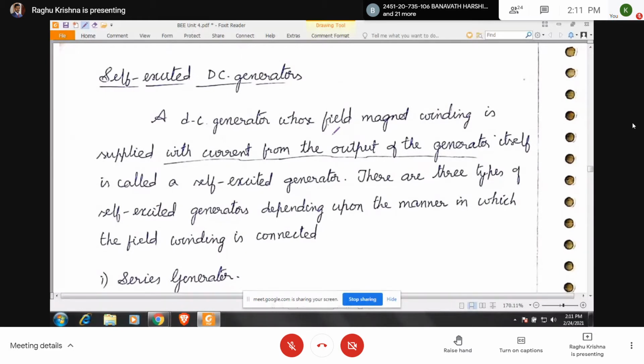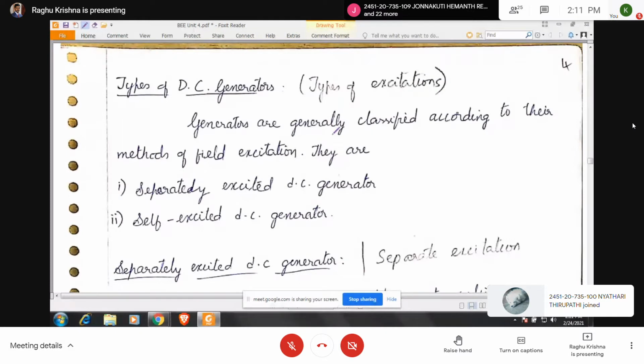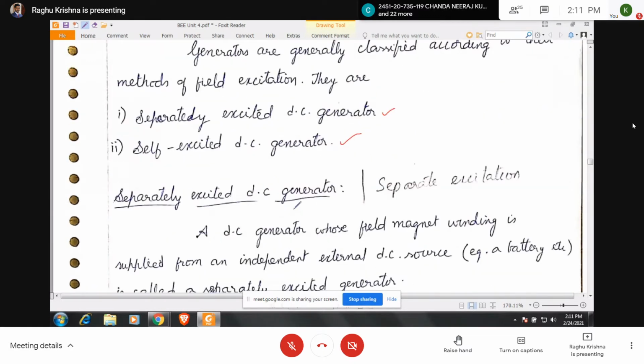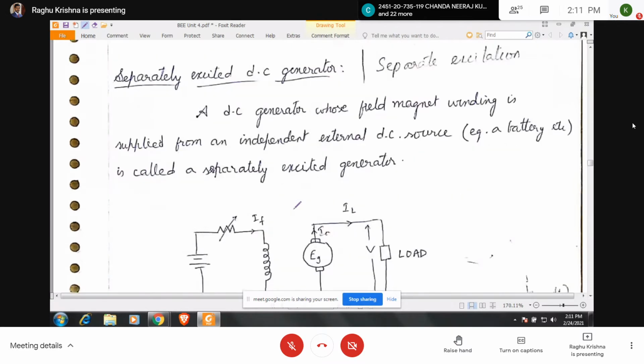Have you understood what is meant by self-excited generator and what is meant by separately excited generator? Is it clear? Just revising the last class. Separately excited DC generator means we excite the field winding by a separate DC source.